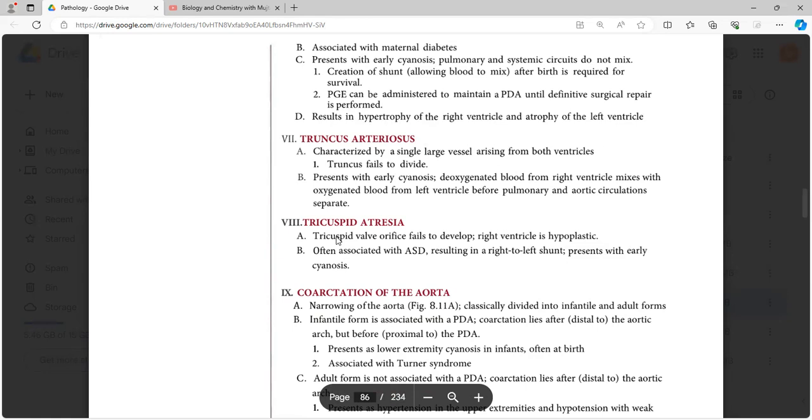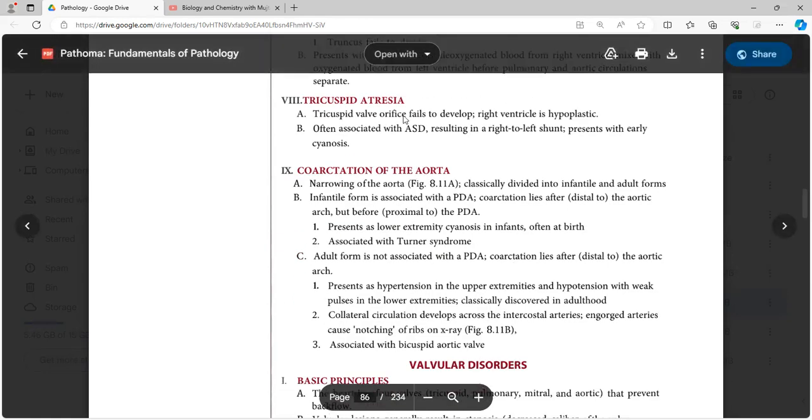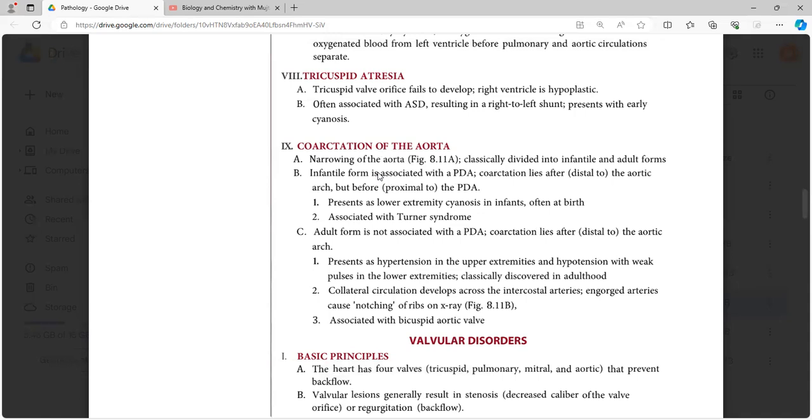In the case of tricuspid, as you can see, there are many types of congenital defects. Tricuspid atresia simply means that the tricuspid valve fails to form properly. In coarctation of aorta, there is narrowing of the aorta, and the main symptom by which you can easily recognize it is hypertension in the upper extremities, followed by hypotension and pulselessness in the lower extremities.